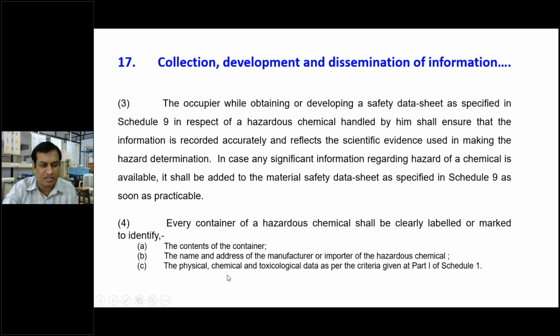And other data like physical, chemical and toxicological data should also be important, because if you are using the fire extinguisher, if you are using water for cooling systems, or if you are using some other materials or methods, then before adopting all these materials and methods to control that accident, that leakage, that fire, you should know the physical, chemical and toxicological data of that particular chemical.